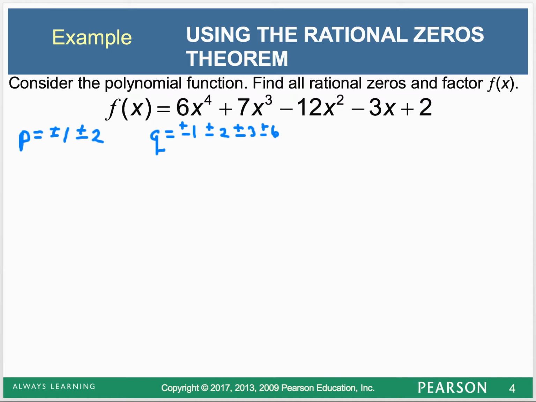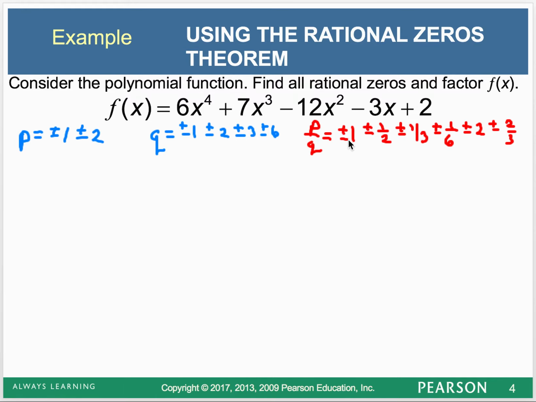So P over Q, the only ones we have to try would be 1, okay, and then 1/2, and 1/3, 1/6, 2, 1 we already have listed, like we mentioned before, and 2/3, because we already have 2/6, which is 1/3 listed. Okay.